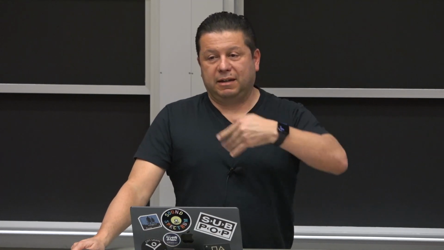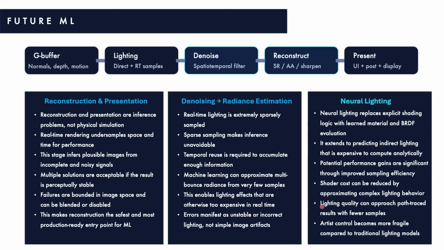Okay. So those things that I talked about at first are good examples of reconstruction, right? We have some data, low resolution, we can make it into a full frame. That is pretty near term, but some other things that are coming down the pipe that are a little bit more future thinking is radiance estimation. So that's real-time lighting and extremely sparsely sampled data.